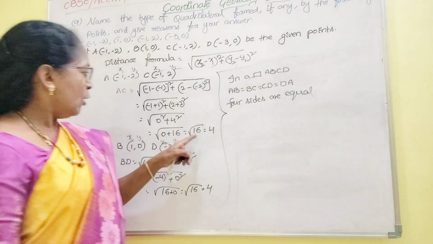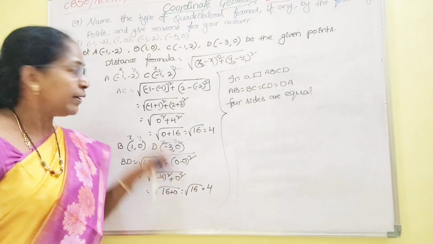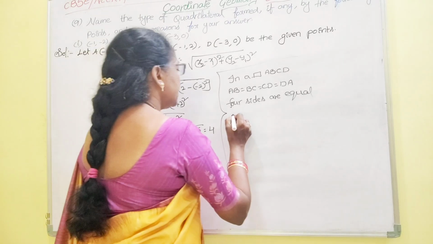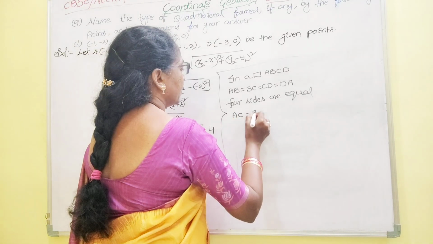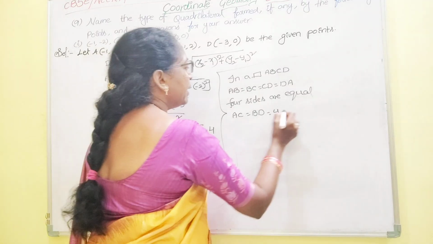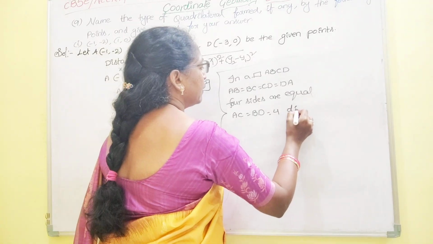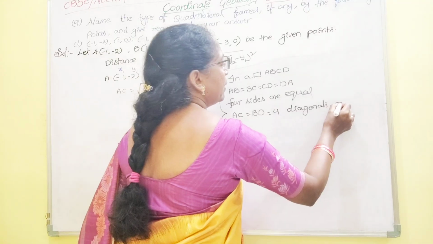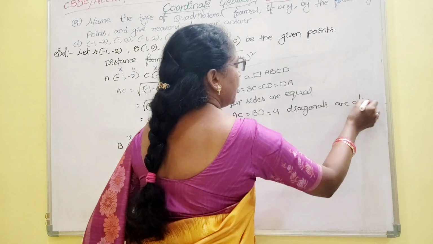And here two diagonals are also equal, where AC and BD values both equal 4. So AC equals BD, that equals 4. That means diagonals are also equal.